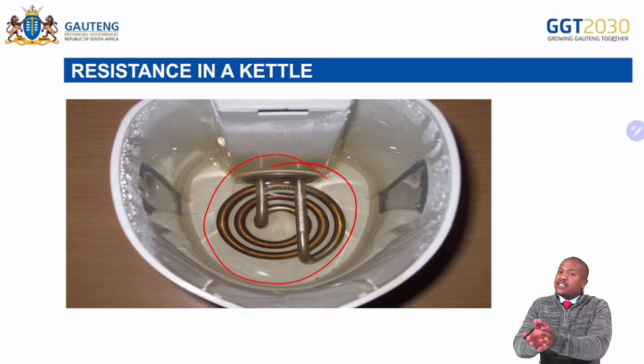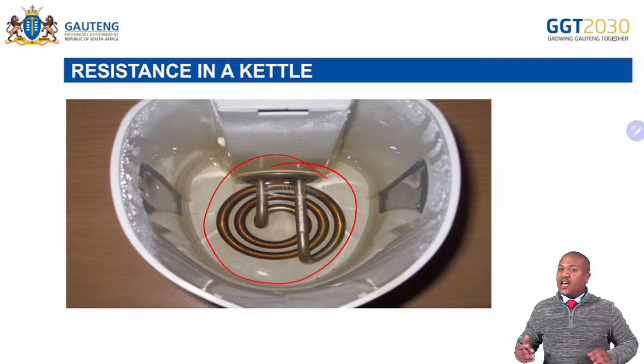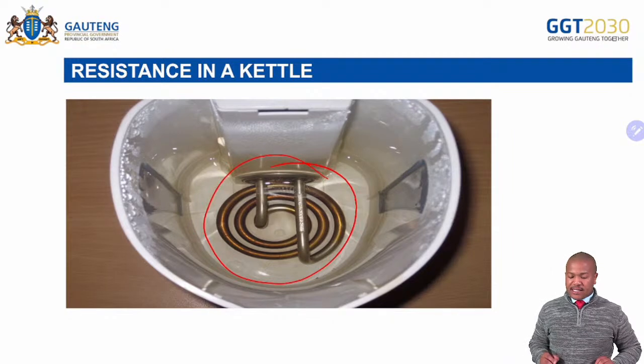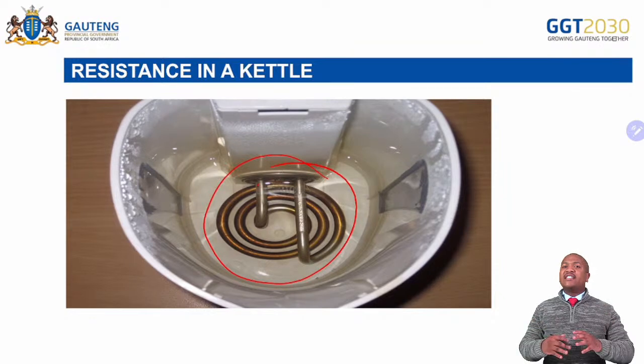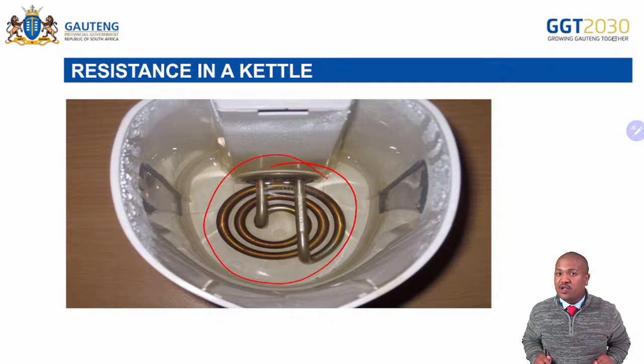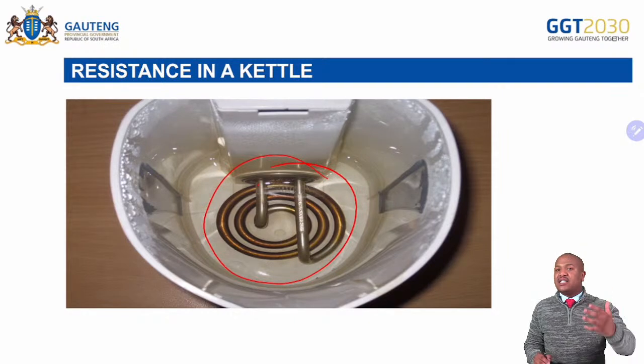It opposes the flow of current coming from that cord. What happens now? It starts to heat up. As it heats up, its intention is to boil water, right? The water boils to a point where there is too much heat. When the water has reached its boiling point, what happens to the kettle? The kettle goes off, right? Now there's too much resistance.